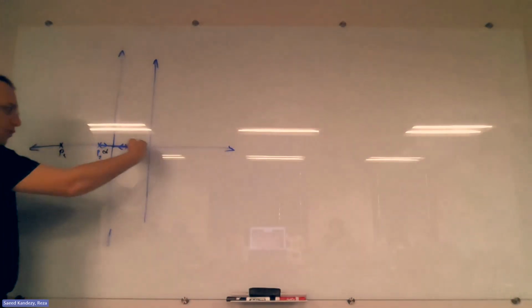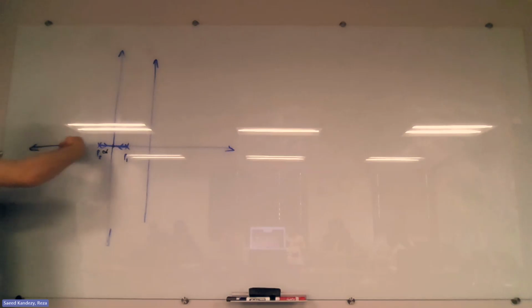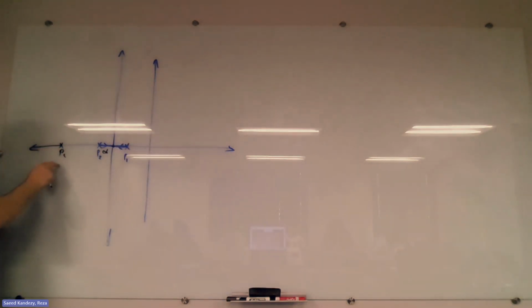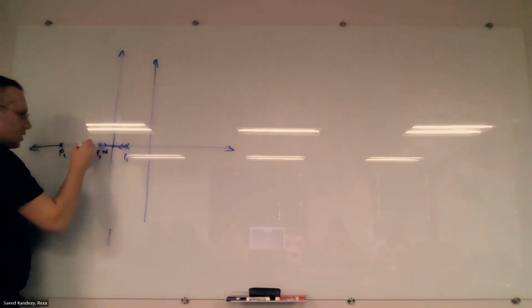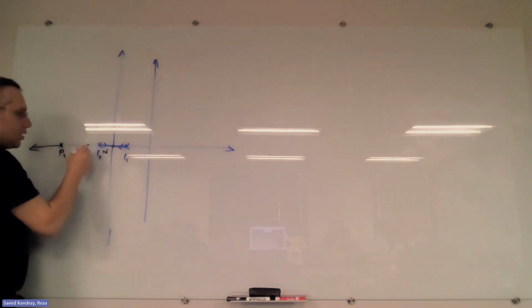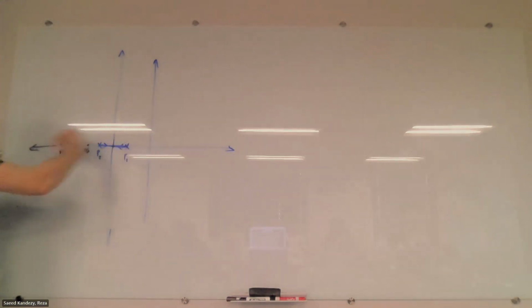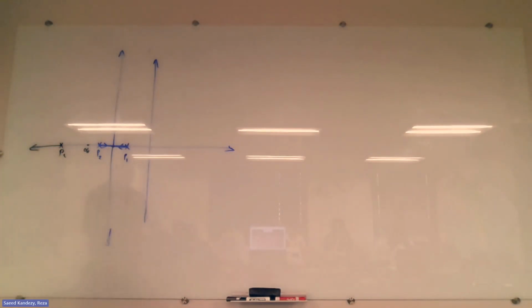And the pole is here, so it would move away from the zero and closer to the higher order pole. Is that clear? So the new sigma A is going to end up somewhere further from the zero. Very good.